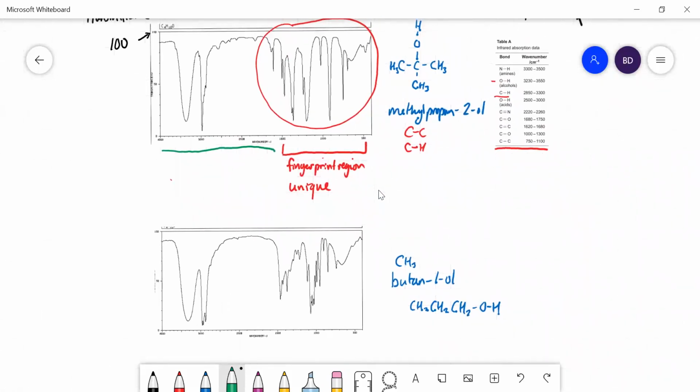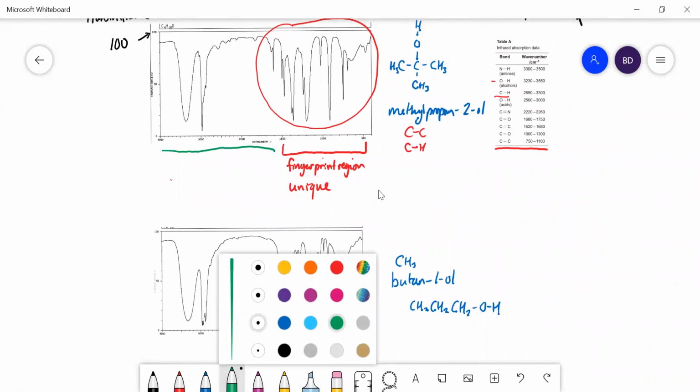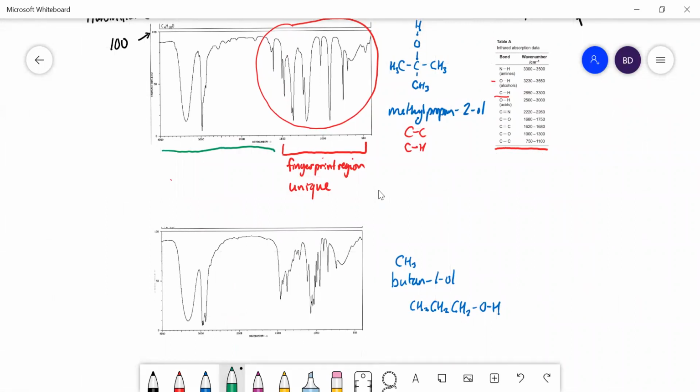You've got this very characteristic double peak, very characteristic of an alcohol. You've got the OH and the CH next to each other. Here, you've got the same thing again. But you can't tell which alcohol it is. You can just know it is an alcohol. But then you could have a look at the fingerprint region and try to match it up that way.